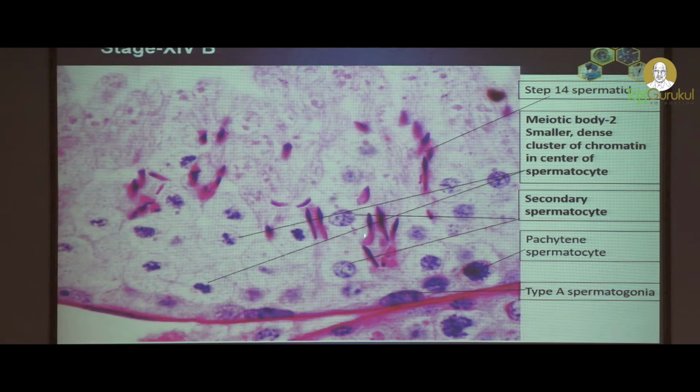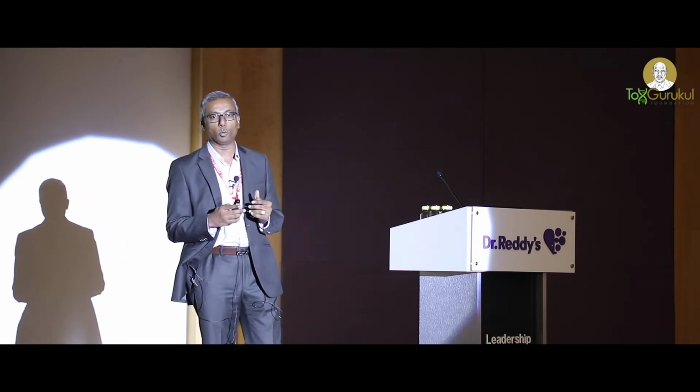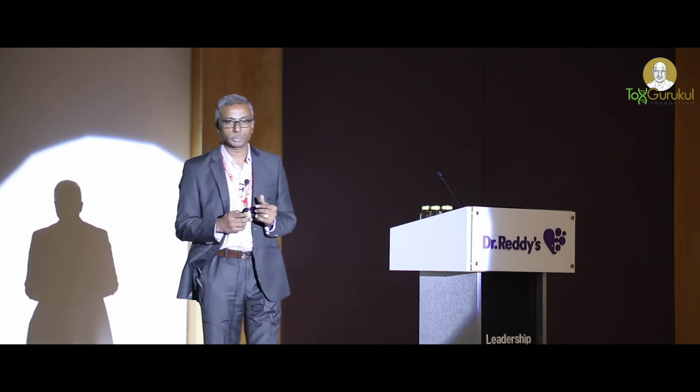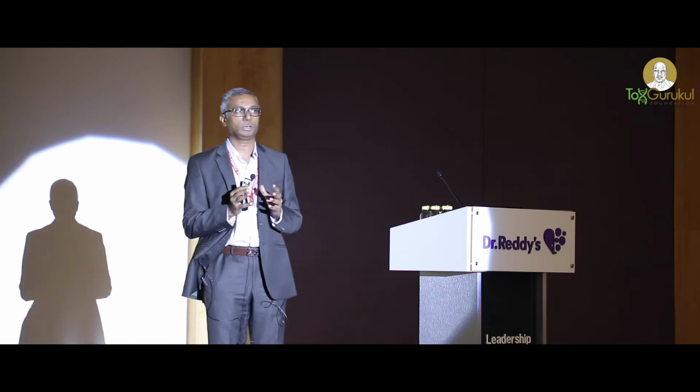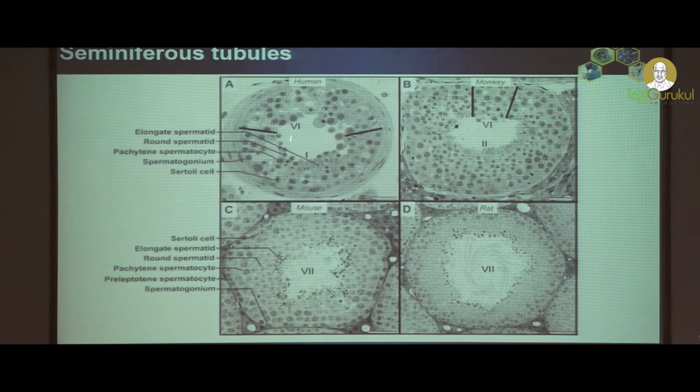And you see the secondary spermatocytes, and sometimes stage 14 and stage 1 can overlap. The presence of a single stage within a seminiferous tubule is common in rodents, but not so in the higher species.